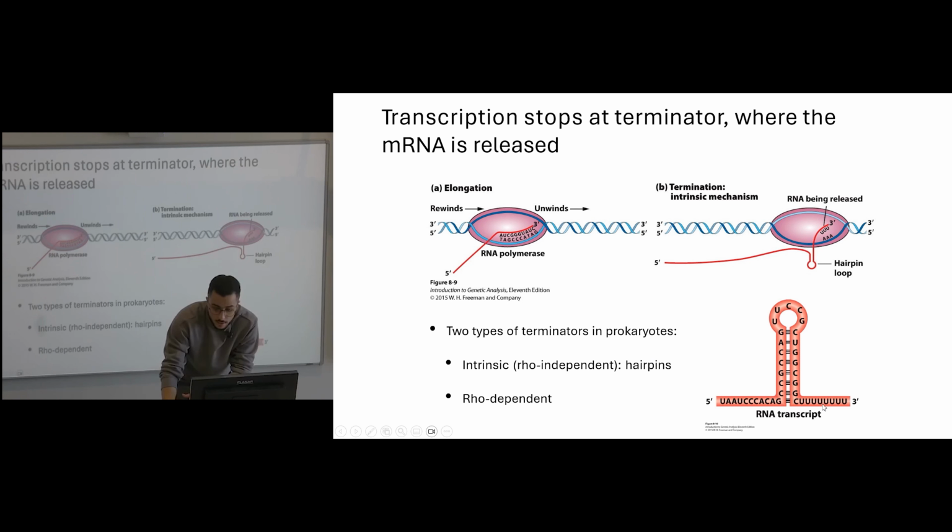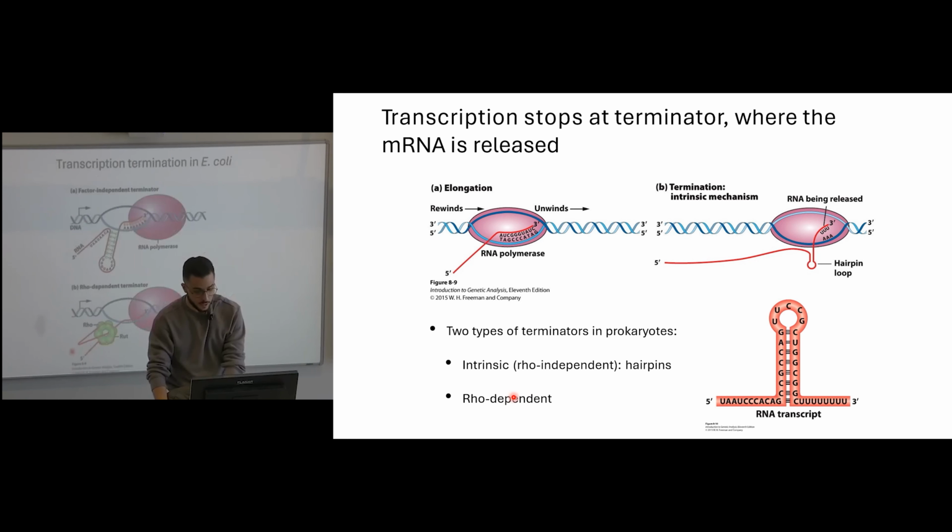And at the end of this sequence, there's a lot of U's together, okay, which will serve later on for the poly A tail, but we'll get to that. So just remember that there is a hairpin loop that gets formed because the sequence allows for it. This sequence is complementary to this, okay? And it will lead to this hairpin loop, which will remove the polymerase from its DNA.